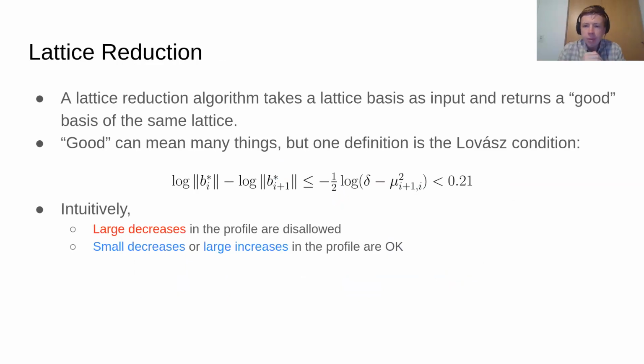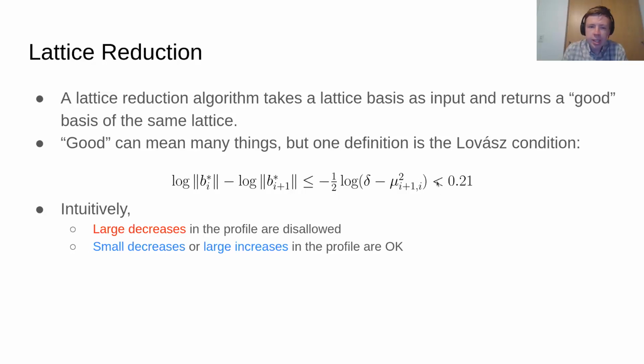So there are different ways to formalize this notion of a good basis and a bad basis. The original one, and the one most related to what we're talking about, is the Lovász condition. For the Lovász condition, we're looking at the difference between these neighboring log lengths. The exact value and the exact reason why it's this value isn't super important, but feel free to ask if you're curious.